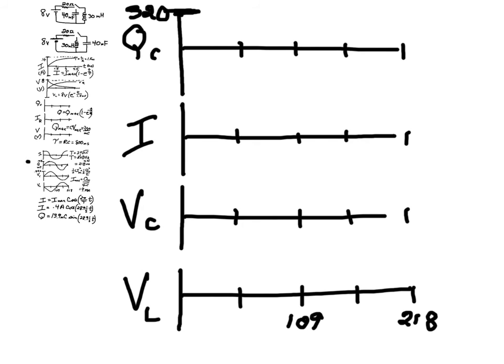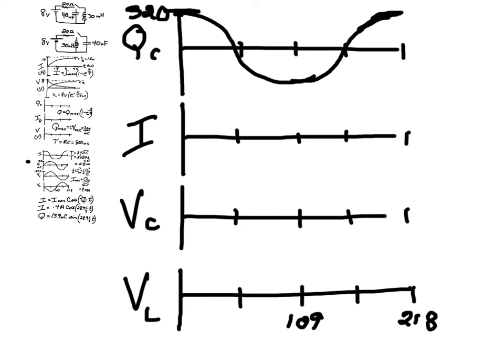So the capacitor starts charged, and it's going to discharge, putting current through the inductor. The inductor is going to charge the capacitor to 320 microcoulombs in the opposite sense. It's going to go back to 0, and then it'll recharge it in the positive sense. And so the charge on the capacitor is going to oscillate according to a cosine function.